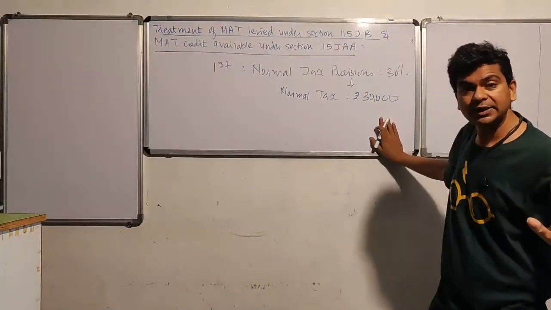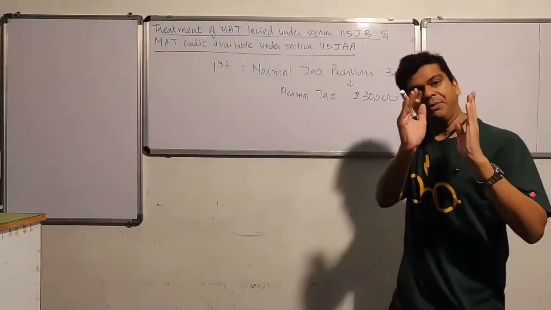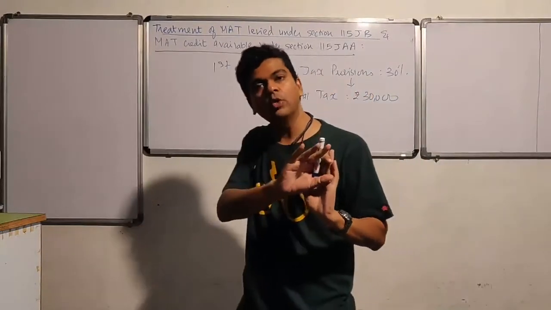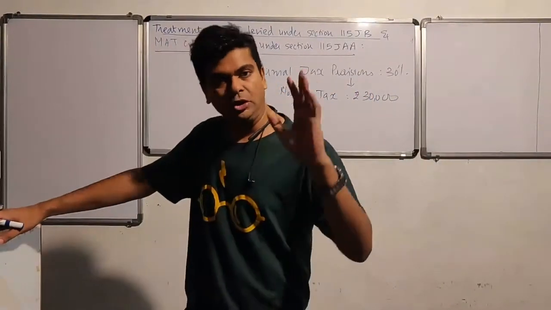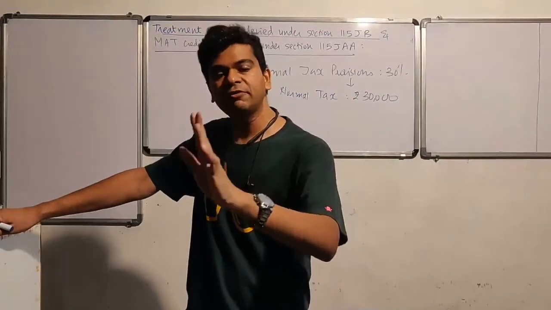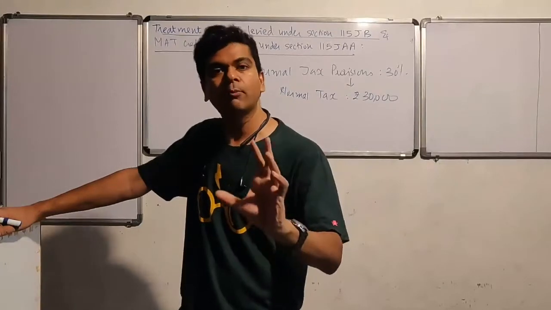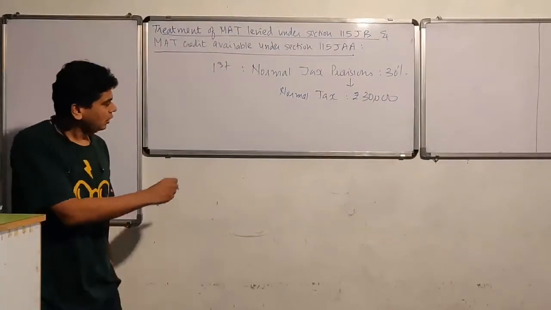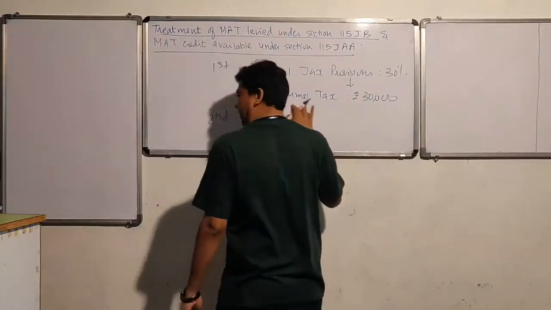How to determine that is a subject matter of section 115 JB, and it is part of your syllabus of direct taxes. So how to calculate the book profit, I am really not getting into it. You should study the provisions of section 115 JB and figure out how that book profit is calculated.